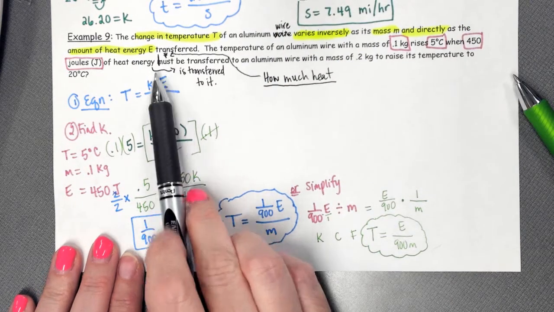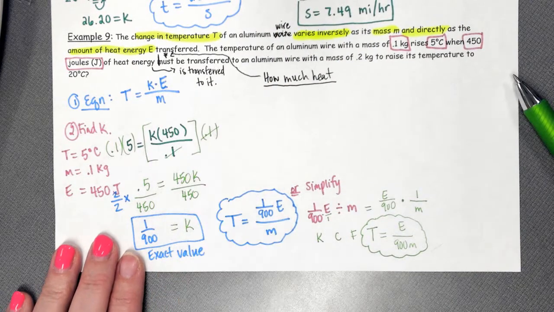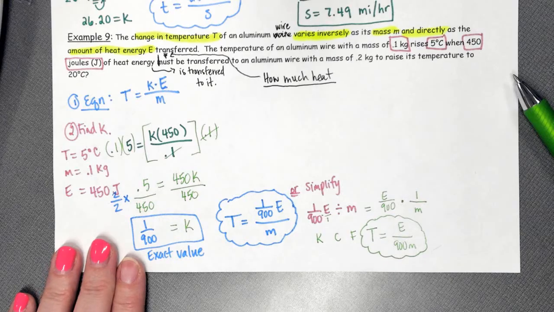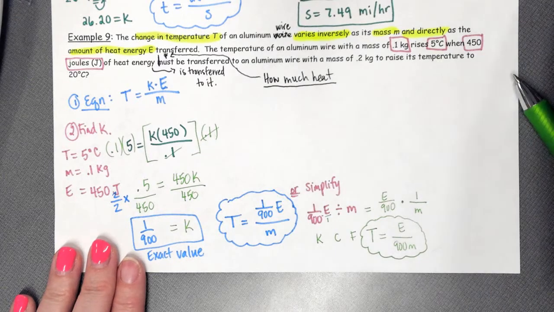How much heat must be transferred to an aluminum wire with a mass of 0.2 kilograms to raise its temperature to 20 degrees Celsius? Okay, so that, if you don't have that in there, it really does not make sense.